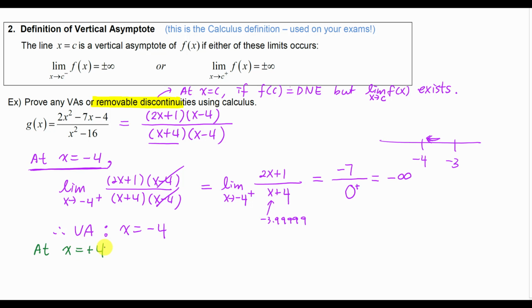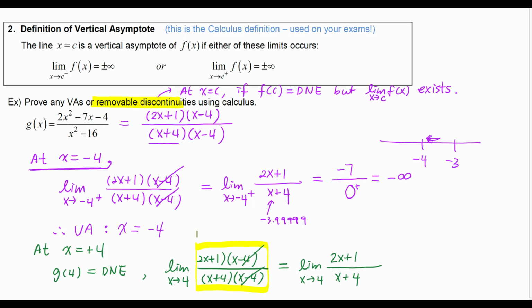At x equal positive 4, clearly g of 4 does not exist, right? Because that's going to create 0 over 0. However, what is the limit as x approaches 4 of (2x plus 1)(x minus 4) over (x plus 4)(x minus 4)?